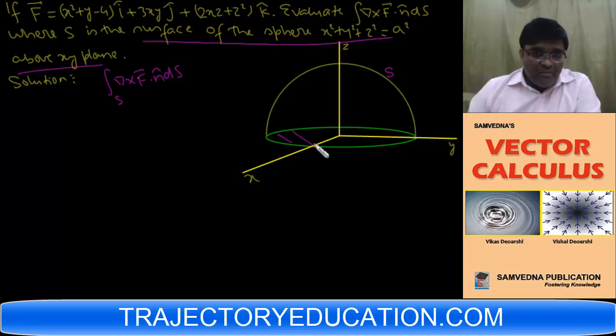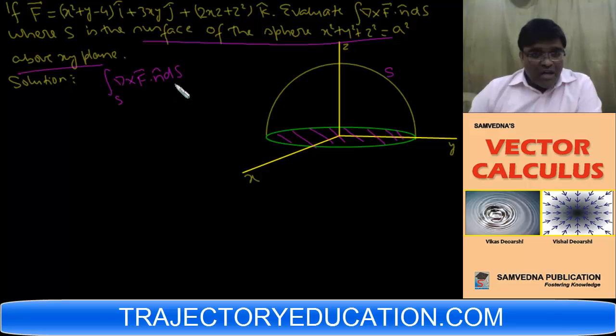By adding a base to it. If the surface had been closed, it would have been very good. Why? Because it would have been equal to the volume integral of del dot curl f dV, and the divergence of this curl of f is always 0.